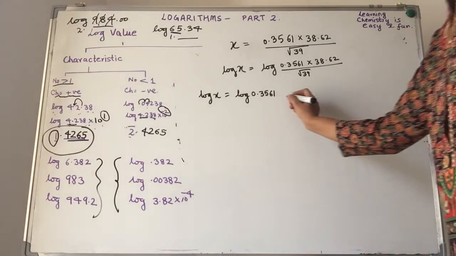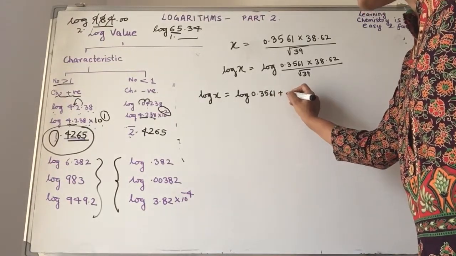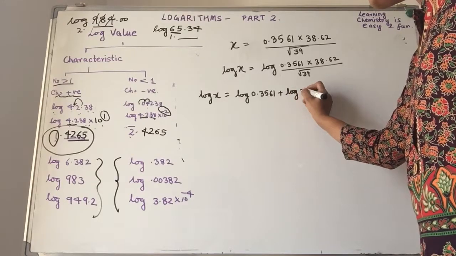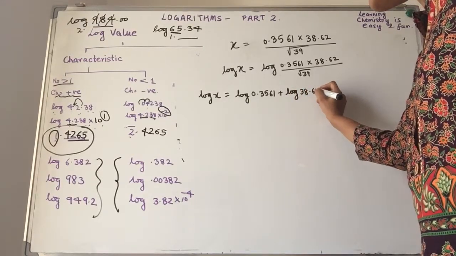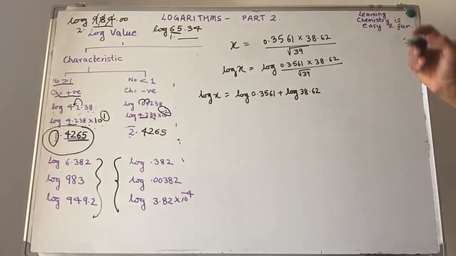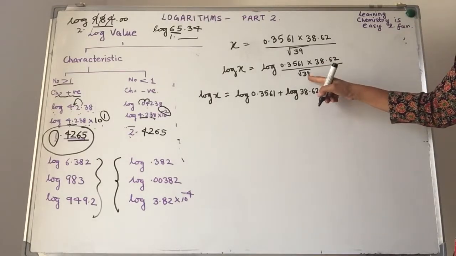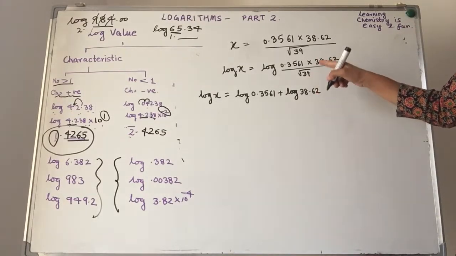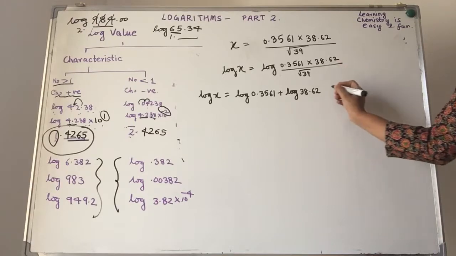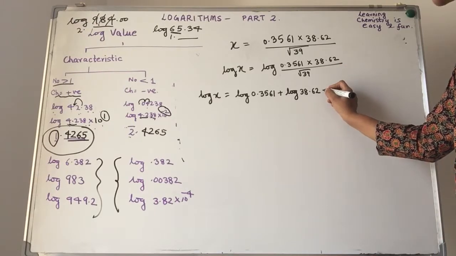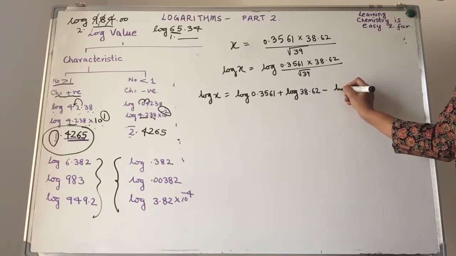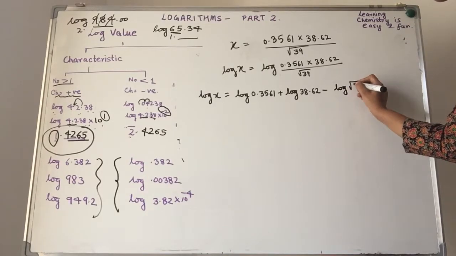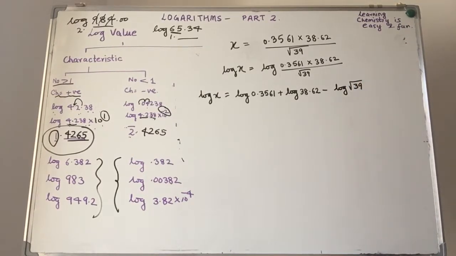Log of 0.3561, yes, plus log of 38.62. Again, going back to what we'd done earlier, this is root of 39, but it is in the denominator. So what sign will it acquire now? Yes, minus log of root 39.